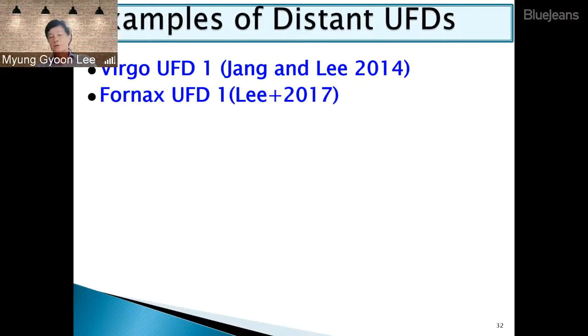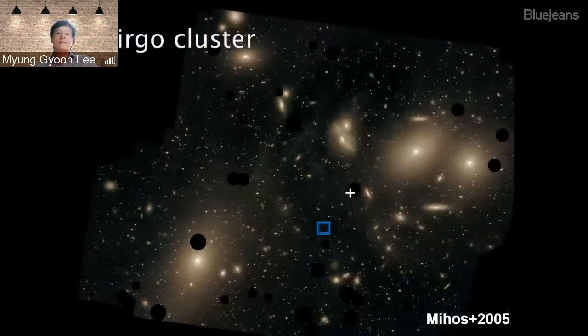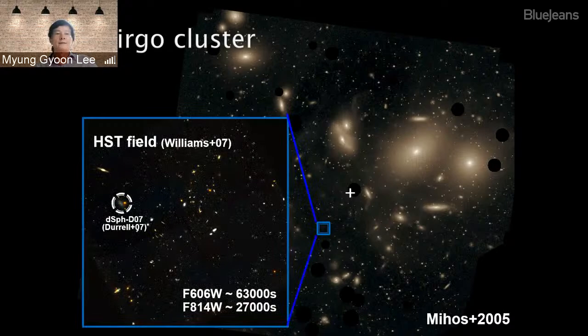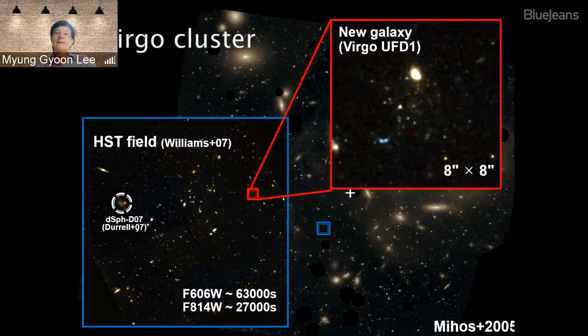So I'm going to show 2 examples of distant UFDs. This is the Virgo cluster, about 2 Roman fields of view, but the blue square shows the 1 HST field, so tiny. In this tiny HST field, studied by William Serrar, Gerald found 1 classical dwarf galaxy marked with a circle, but we found 1 marked by a red box, which is shown here.